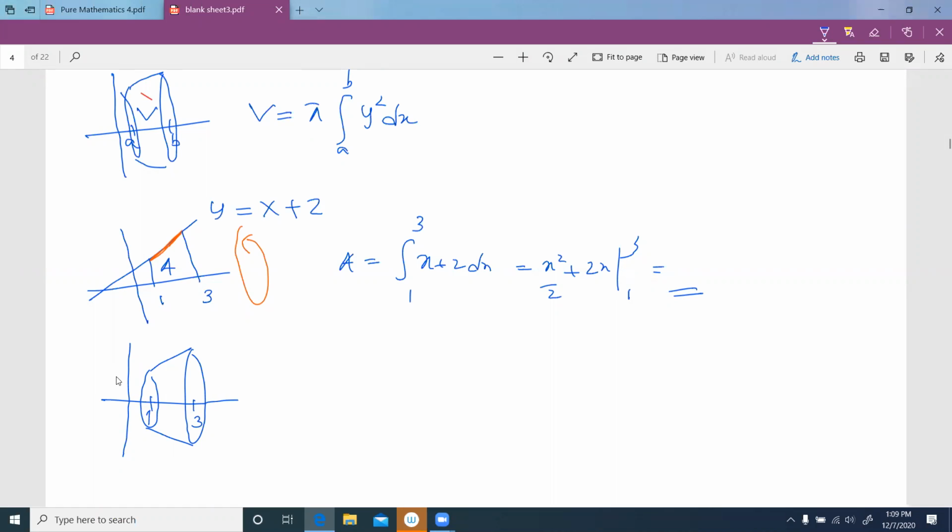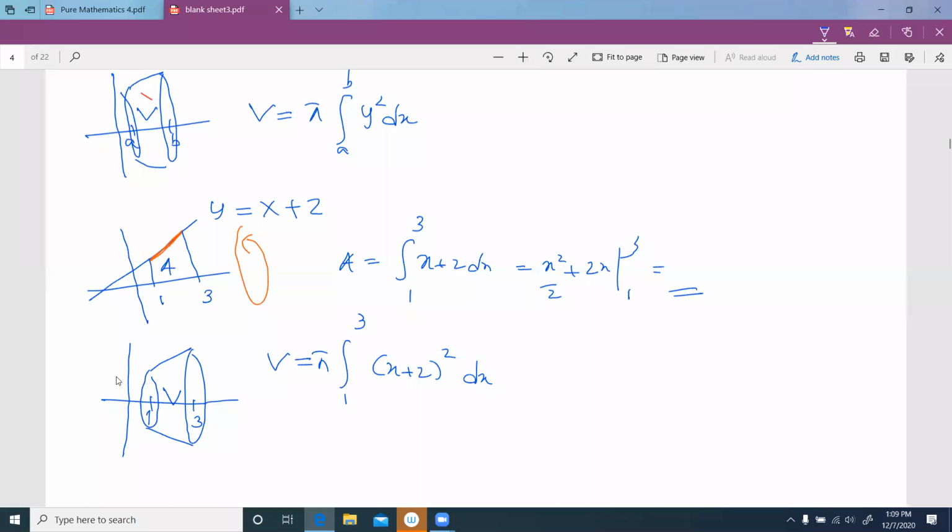If you need to find the volume over here, you can write pi times the integral from 1 to 3 of y squared. Y squared is what? x plus 2 squared dx.